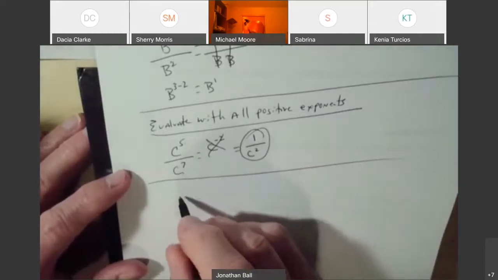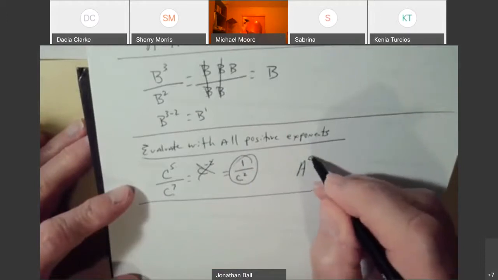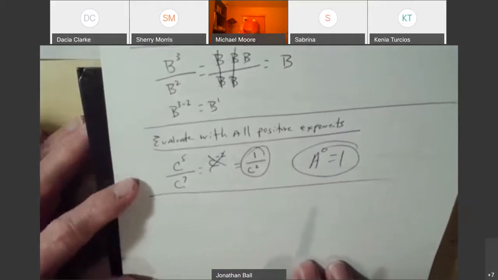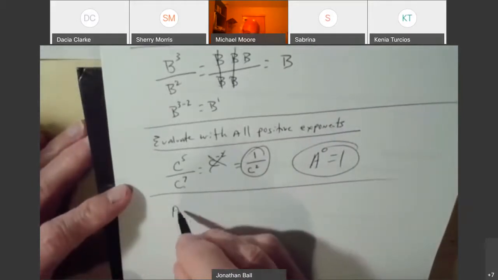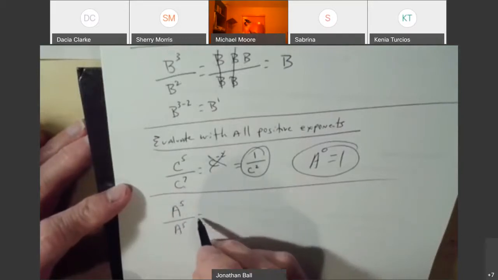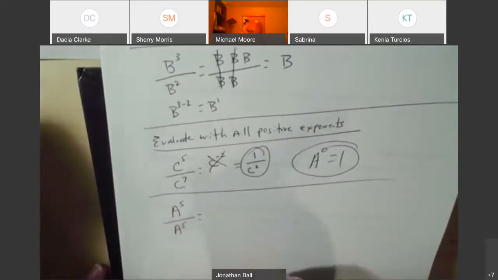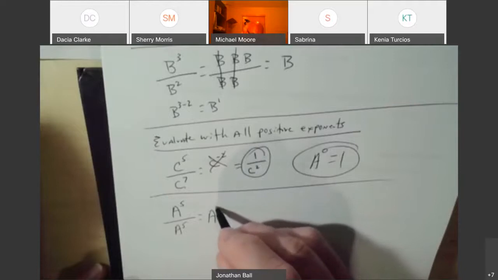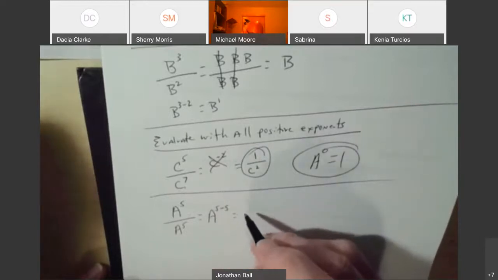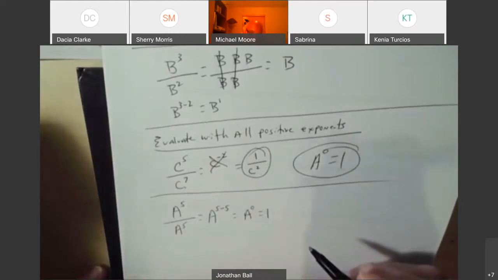Now, remember we said any number to the 0 power is 1. Now we'll prove that here. If you have a to the fifth divided by a to the fifth, what do we do with the exponents when we divide? a to the 5 minus 5, which is a to the 0, which is 1.